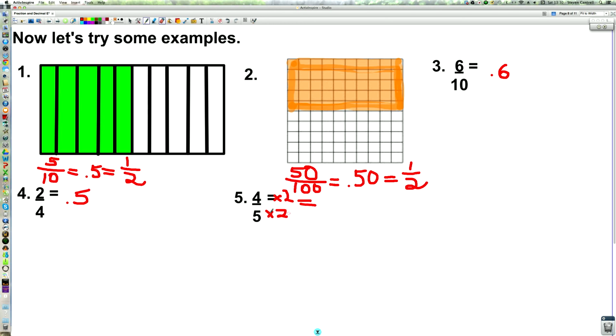That equals 10 down here and 8 up here, so that equals 8/10, which equals what as a decimal? 0.8, right? So there we go. That's all there is to it, guys.